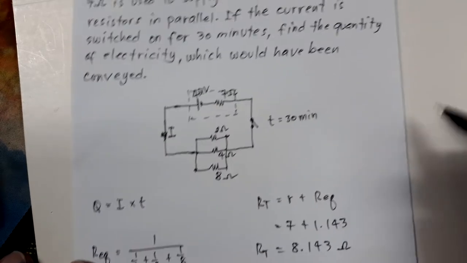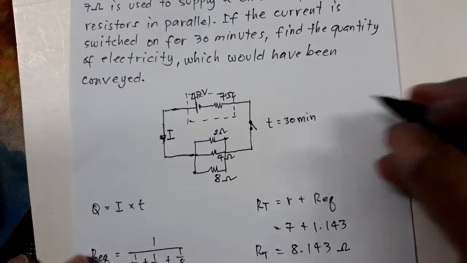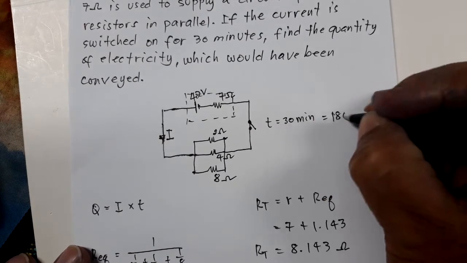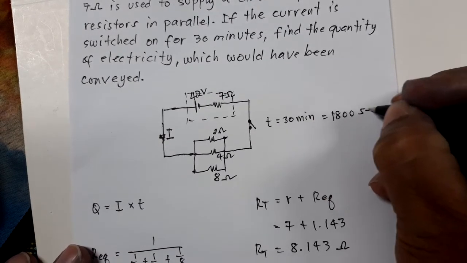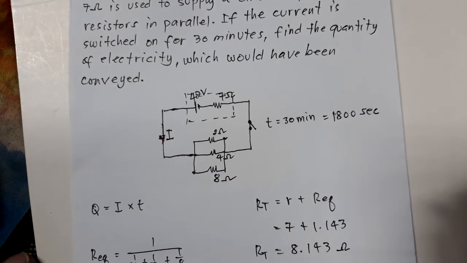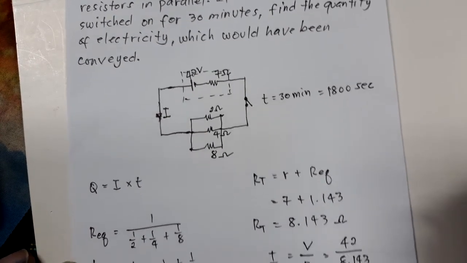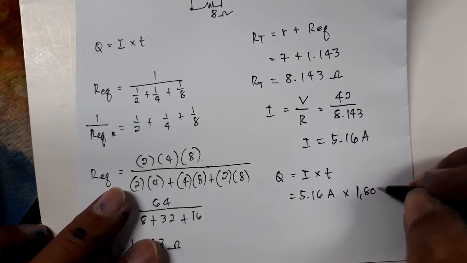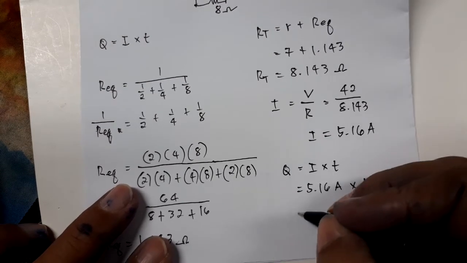Since the given is 30 minutes, we multiply by 60, since 1 minute is 60 seconds, to make it in seconds. So this is 1,800 seconds.